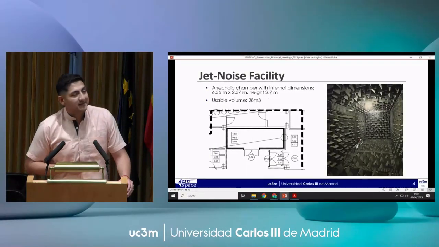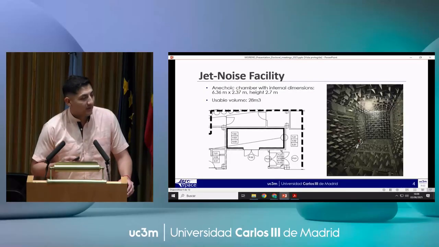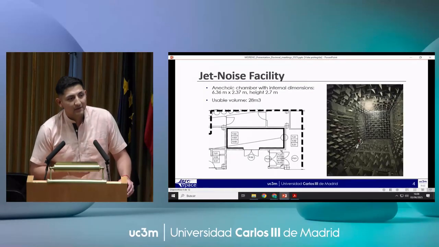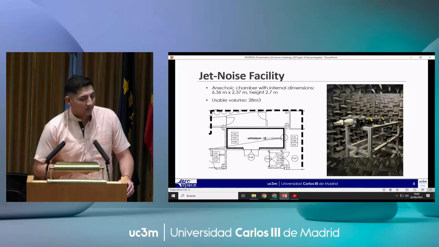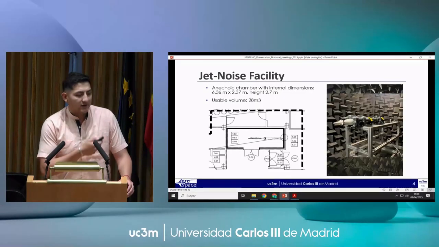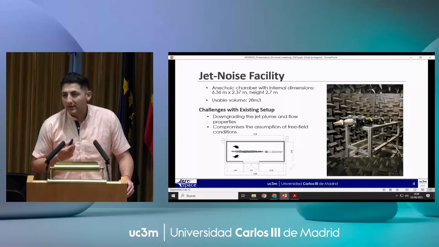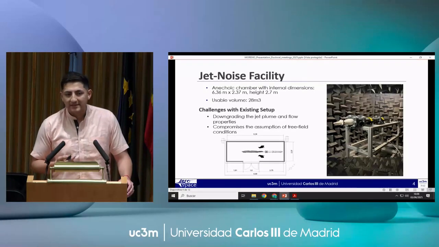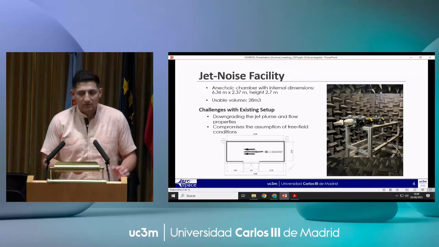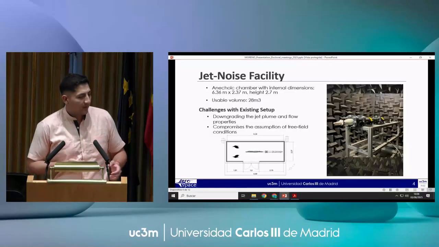As you can see, what we have here is a traditional anechoic chamber that is downstairs in building 7. We placed the jet pointing in that direction, but the first challenge we had is that there is a sort of air recirculation. This is because the anechoic chamber doesn't have any exhaust section to extract all this air.